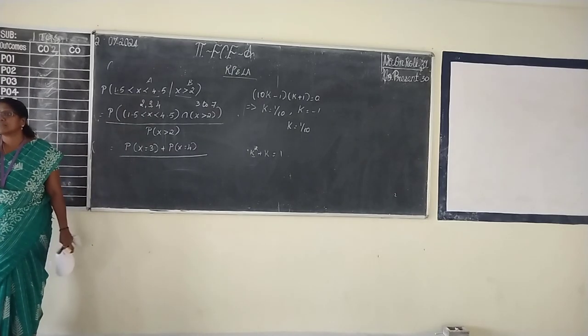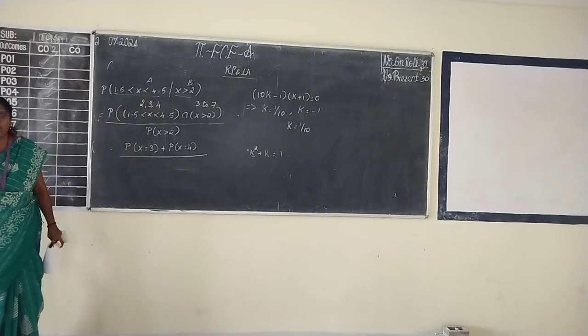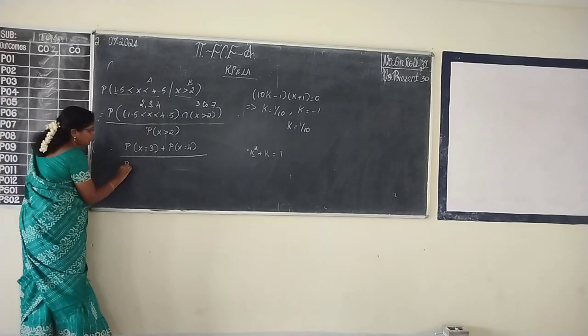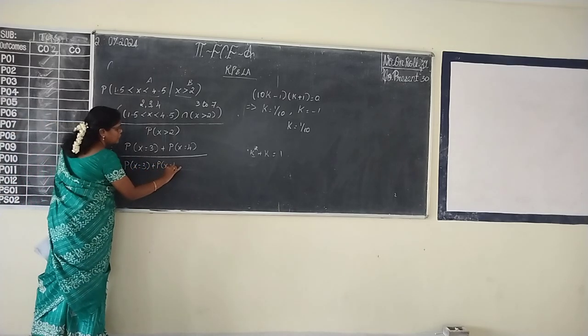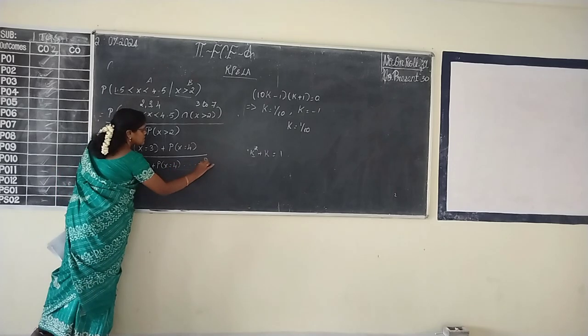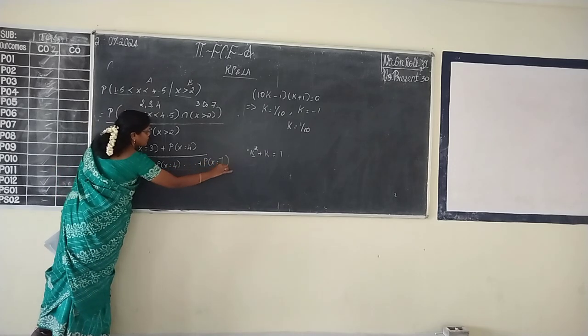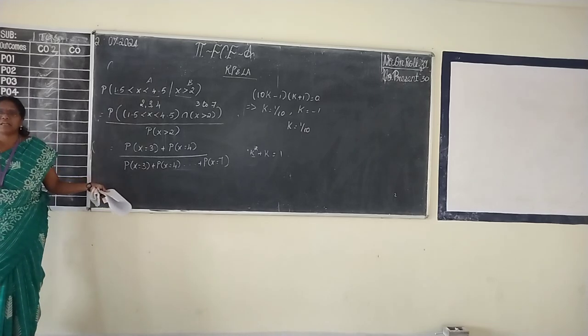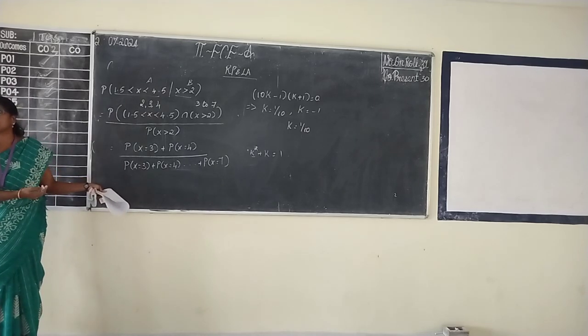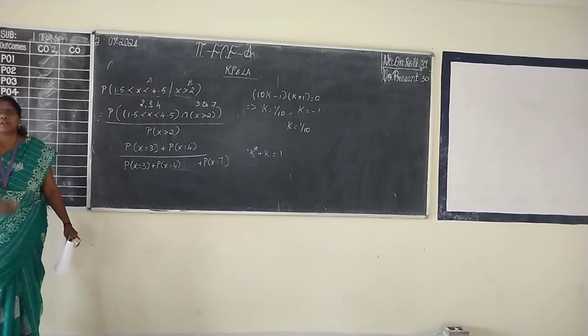Greater than 2 is 3 to 7, all the values considered. So probability of x equal to 3 plus probability of x equal to 4 etc. up to 7. All these values you know. Just to make the simplification easy, you write the values first with k. Then in the final step you replace k value.